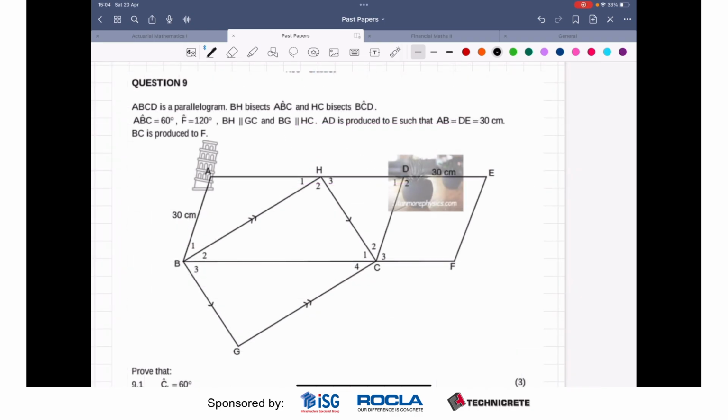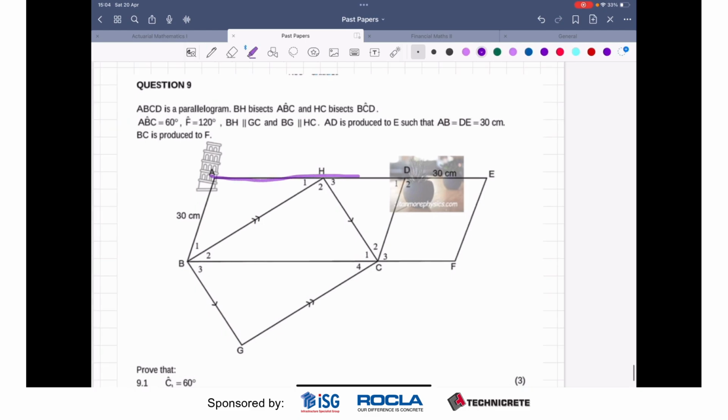Question 9. ABCD is a parallelogram. That's ABCD, so these lines are parallel and equal, and these lines are parallel and equal. Then we're told that BH, which is this line, bisects this angle ABC.